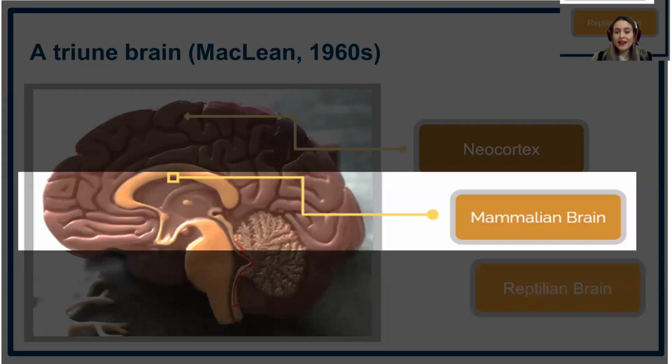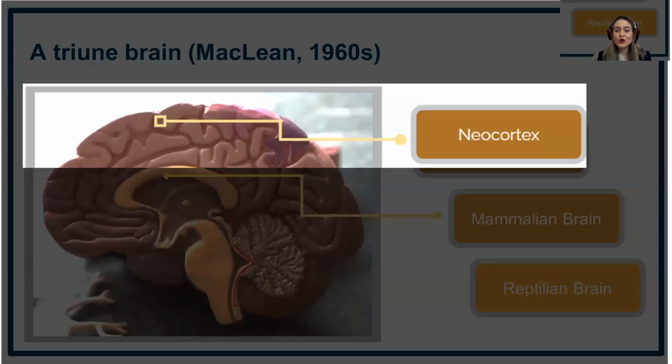Then we've got the mammalian brain, which is also called the limbic system or the emotional brain, because this is where emotions happen, basically. It's the center of emotions. And the neocortex is the part that we as educators are interested in engaging, mostly because it is in charge of learning. That's where language acquisition occurs, for example. That's why it's really important to us as language teachers.